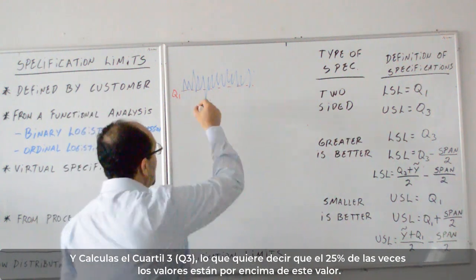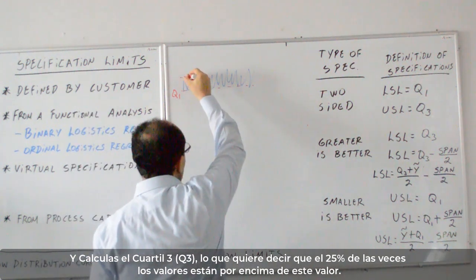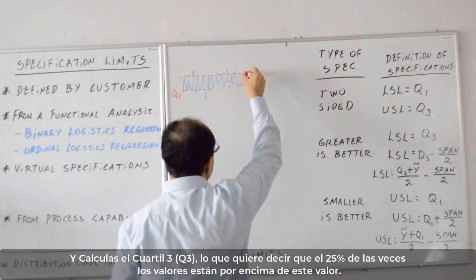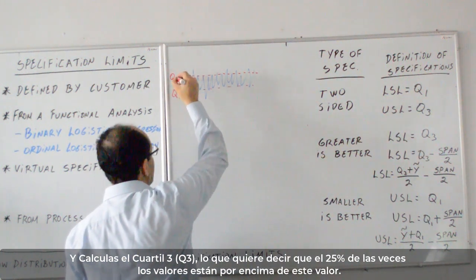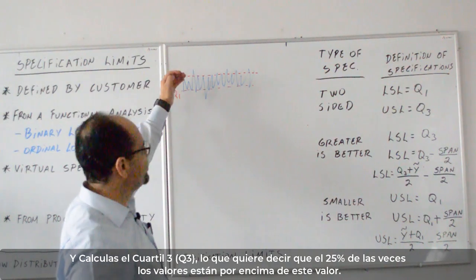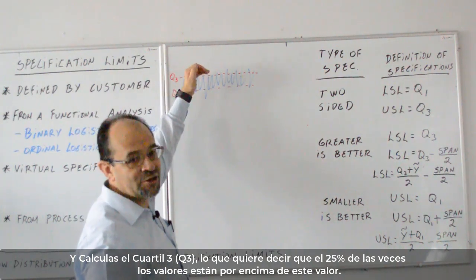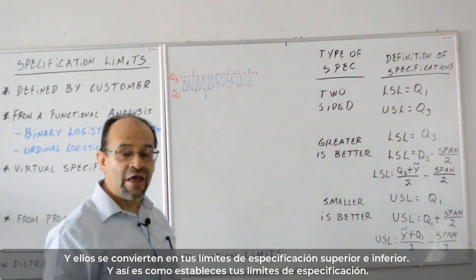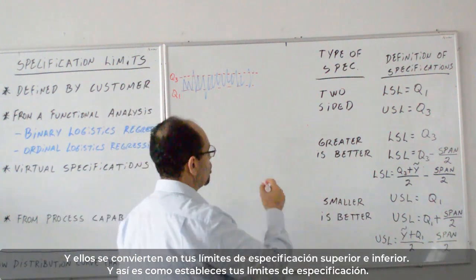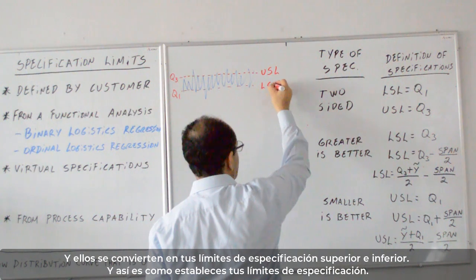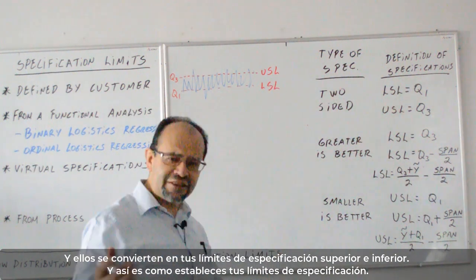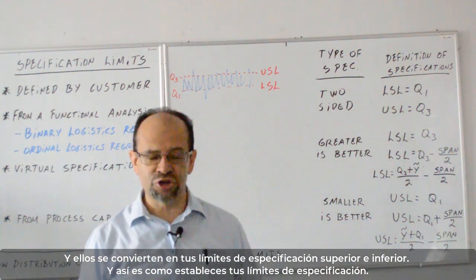And you also have quartile 3, something like this one, which means that 25% of the time your values are above that value, and they become your upper specification limit and your lower specification limit. And that's it. That's how you establish your specification limits.